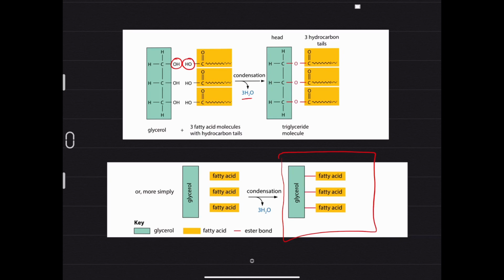Again, that's a bit more detail than you need. However, at the very least you must take away from this lesson is that lipids are made up of a glycerol molecule and 3 fatty acids. So you do not have to take the specific bonds mentioned, the molecular structure mentioned in the above diagram.